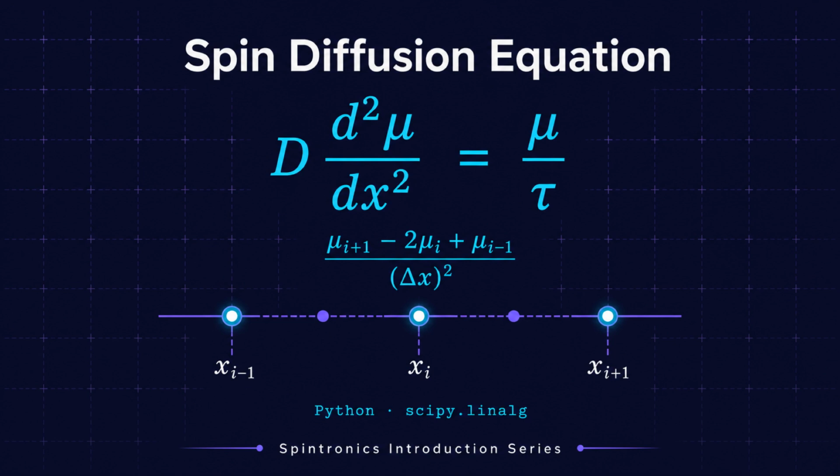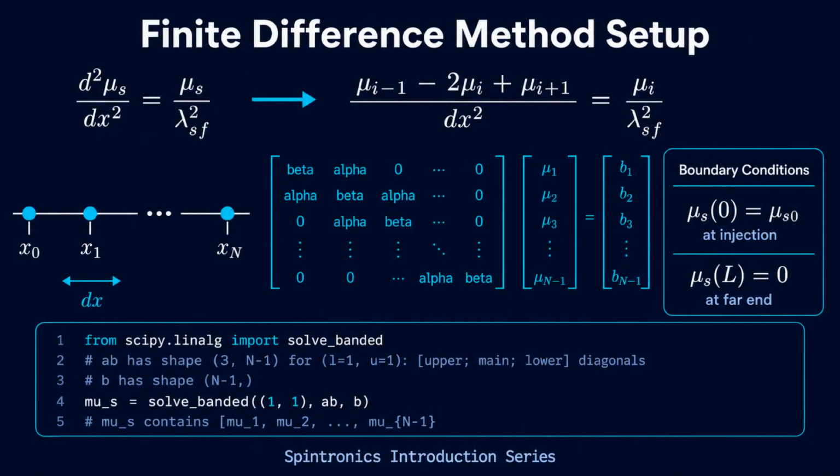Let's start by solving the spin diffusion equation numerically. This is the fundamental equation governing spin transport in materials, and solving it will help us understand how spin signals decay with distance. We'll use the finite difference method to solve the spin diffusion equation. We discretize space into endpoints with spacing dx.